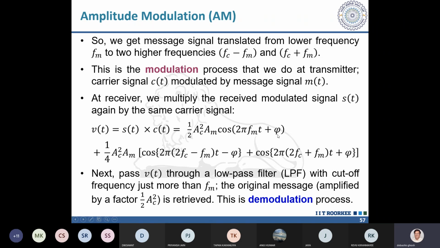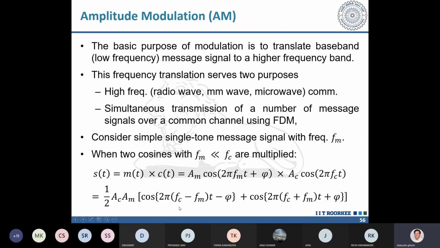Again you can check this one. If I multiply this with fc again, then one component will be fc minus fm plus or minus fc, and another component will be fc plus fm minus fc.